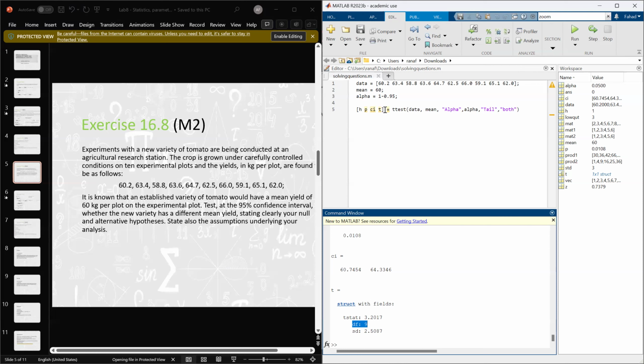For the z-test and t-test, they have four: H, P, C, I, and Z, and then H, P, C, I, and T. No, H, P, C, I, and T will work for the t-test as well. I got it confirmed from Sadman.